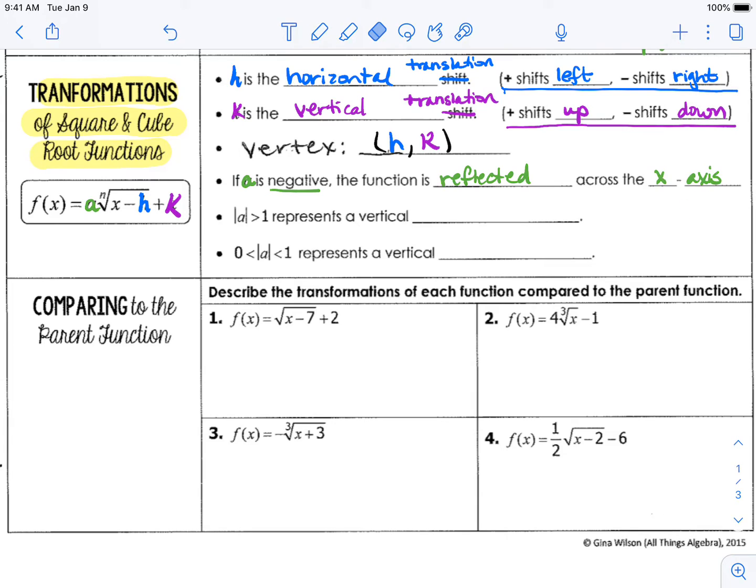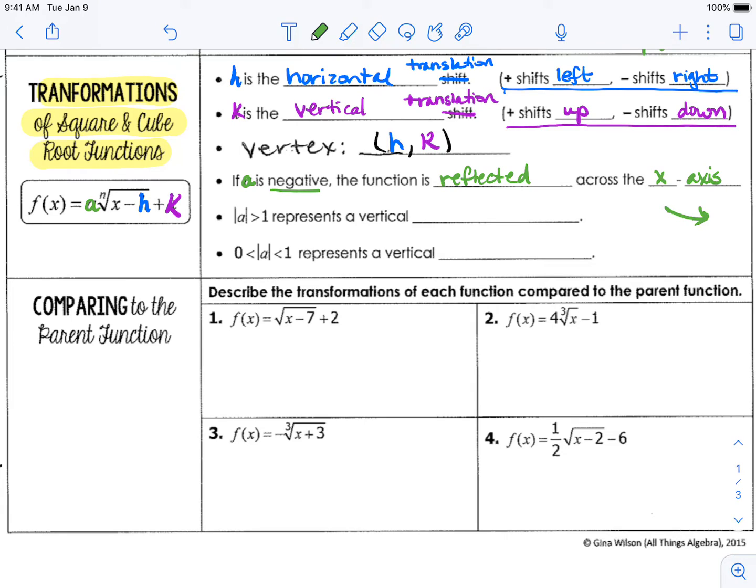And actually, we're going to do the square root. So if it's normally this way, it would flip upside down and look like this. It's a square root. Okay.